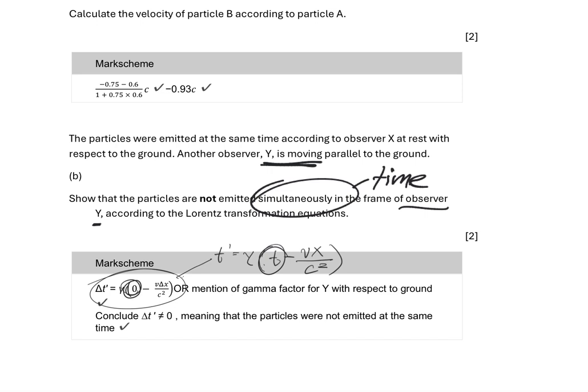That's what the simultaneity means. But the fact that we do have a gamma factor, there's our gamma factor from the data booklet. Since there is a gamma factor, then we know that t prime is not also 0. And so therefore we can conclude that the delta t prime is not 0. What it is doesn't matter. We can just show that it's not 0. So therefore it is not simultaneous.